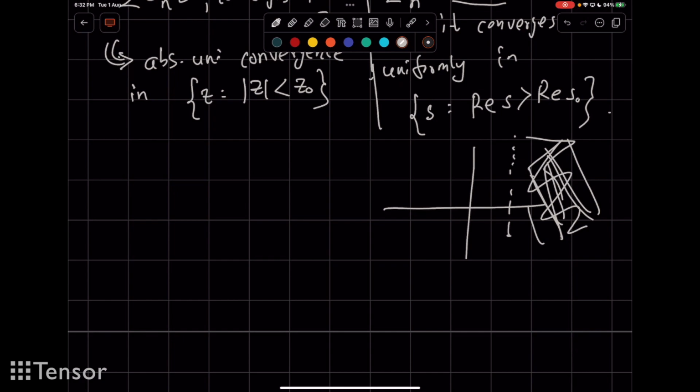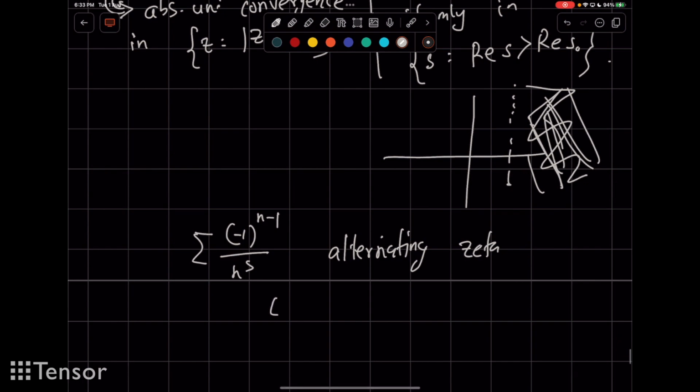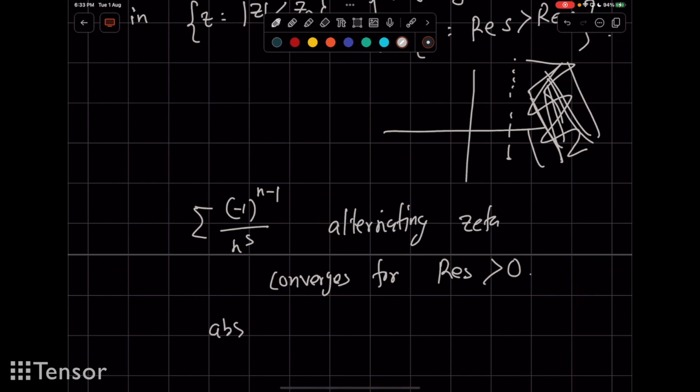Is it the alternating zeta function? That is, the sum of (-1) to the power n minus 1 over n to the s. I think it's called the alternating zeta function. This converges for the real part of s greater than 0, but it only absolutely converges for the real part of s greater than 1.